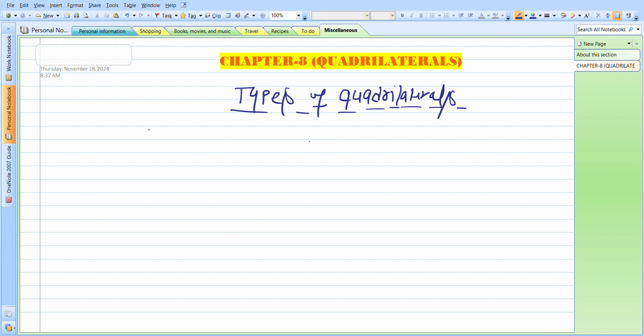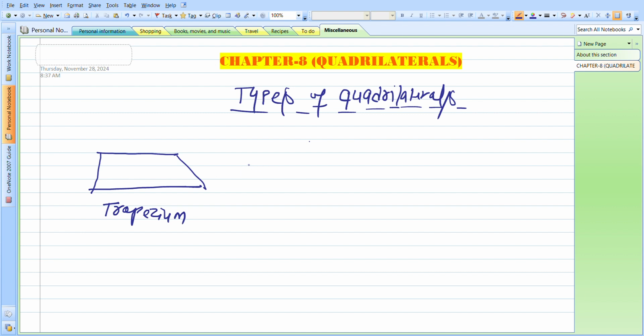The first condition: if one pair of opposite sides is parallel, like this. If only one pair of opposite sides is parallel, it is called a trapezium. This is the first type.